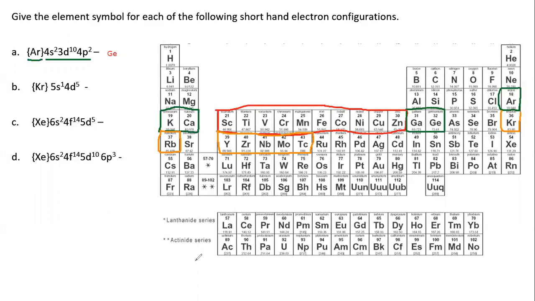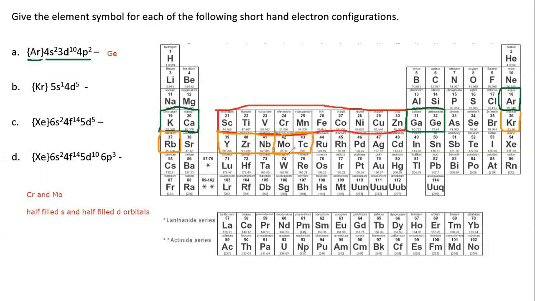So for chromium and molybdenum, they get a half-filled s and a half-filled d orbital. So even though there's 5 d electrons, there's only one s electron, so this would indicate that it is molybdenum.